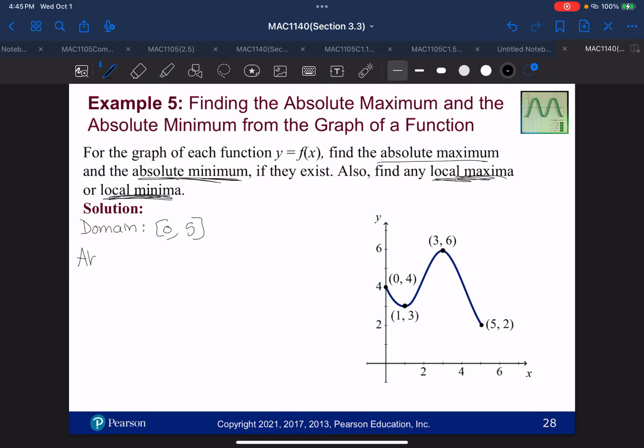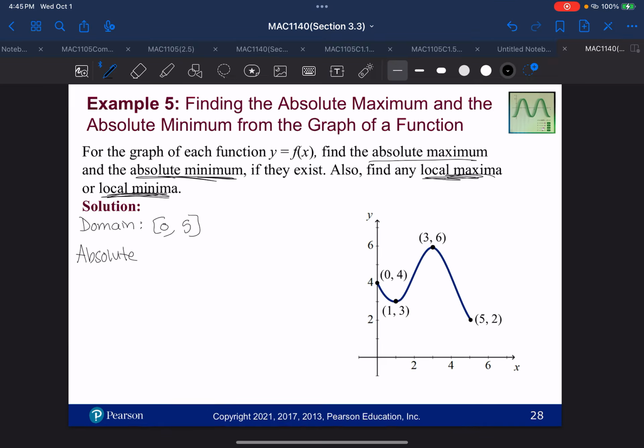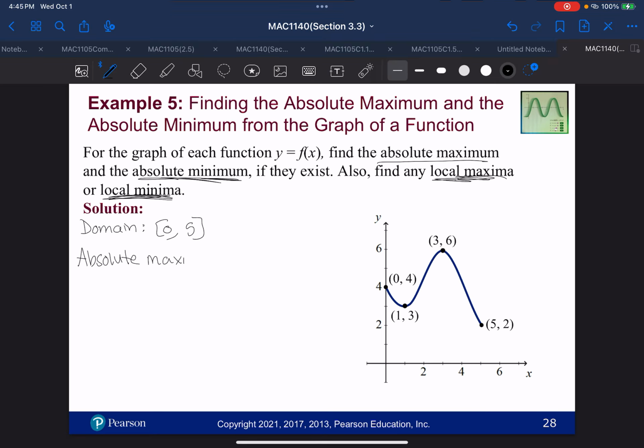The absolute maximum is going to be the value 6, because that is the largest y value of this entire function. So that actual absolute maximum value is equal to 6, and it occurs at the x value of 3.